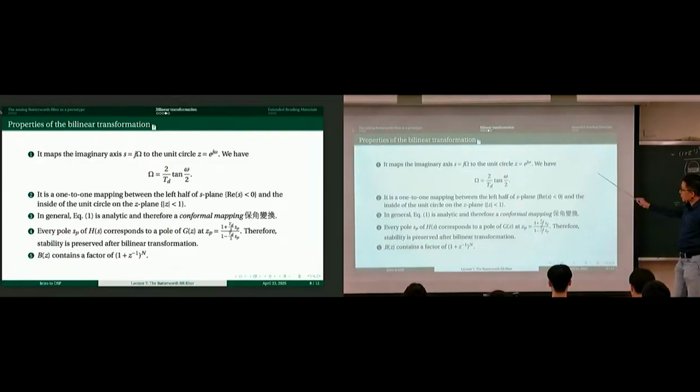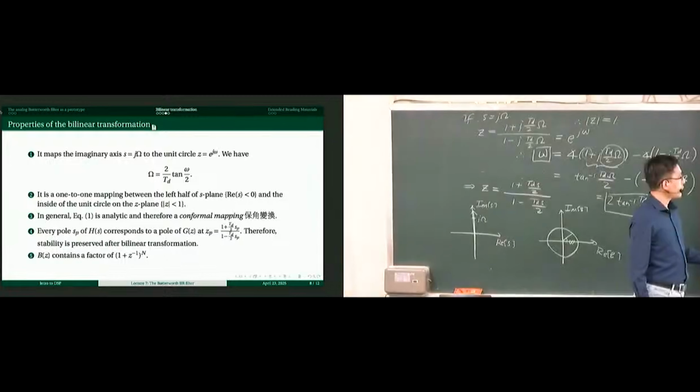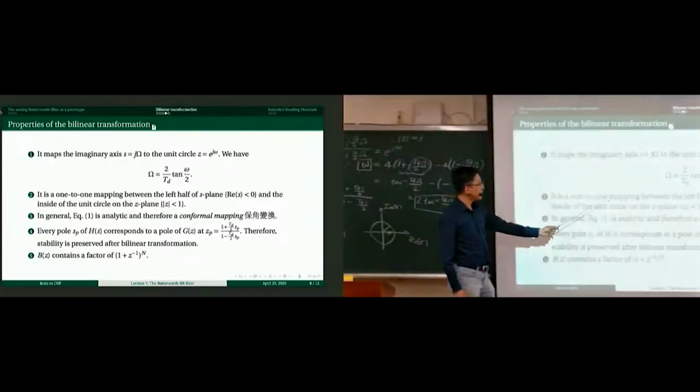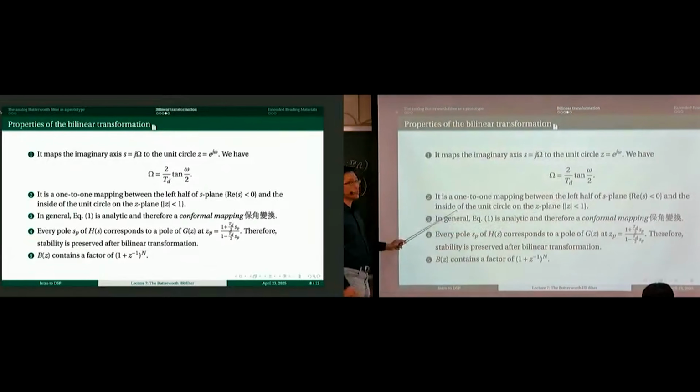And going from the first property to the second property, I want to invite you to think about, let me read it, okay? Turns out that the bilinear transformation is also a one-to-one mapping between the left half plane in S and the inside of the unit circle.